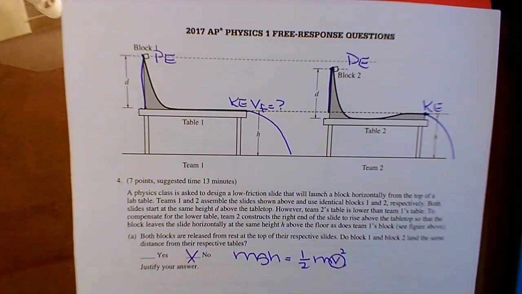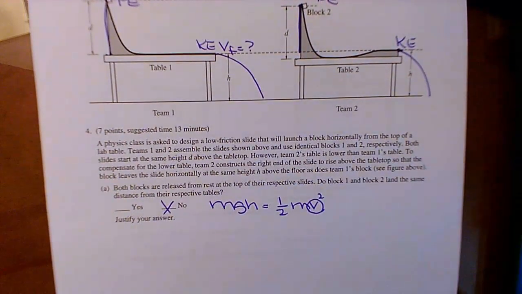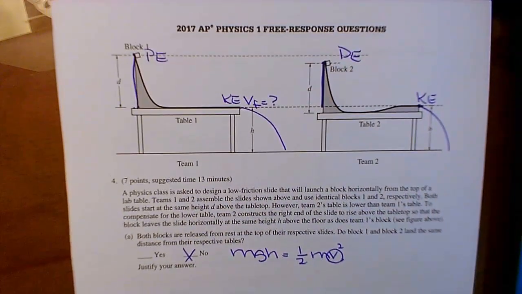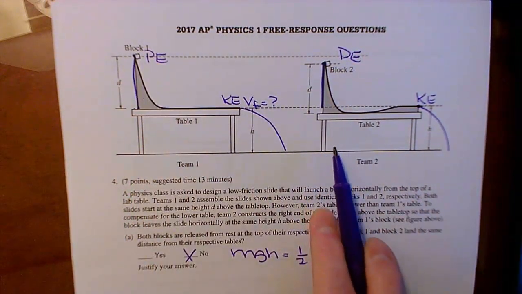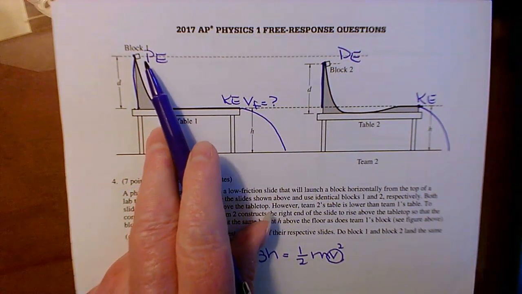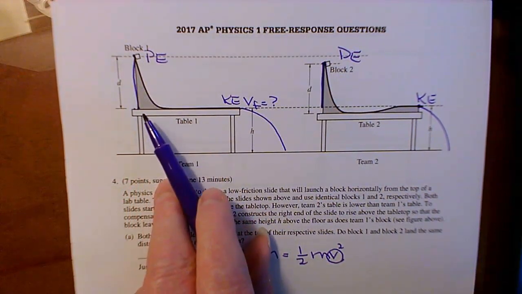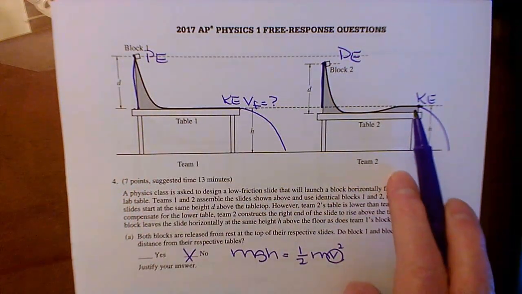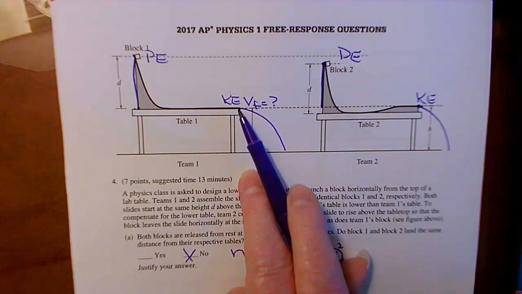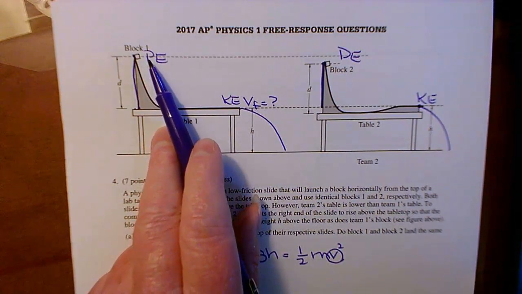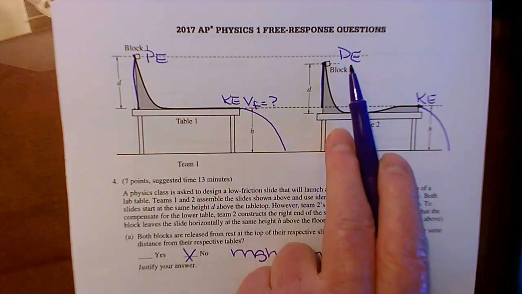Justify your answer. I'm not going to write this all out in my video, but this is how I might write out my justification. The two blocks are released at the same height above the table. However, because this ledge is higher than this one, there's more potential energy for block 1 than block 2.